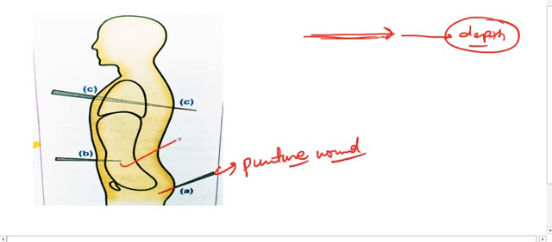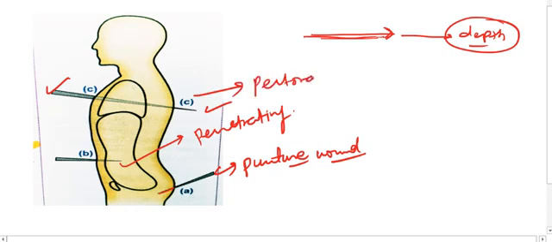If the tip of the weapon is reaching up to the cavity, then this is known as a penetrating stab wound. And if the weapon is traversing through and through, then this is known as a perforating stab wound. Now, first of all, the puncture wounds.